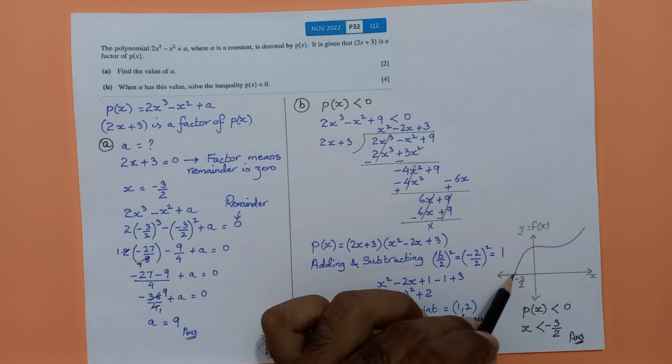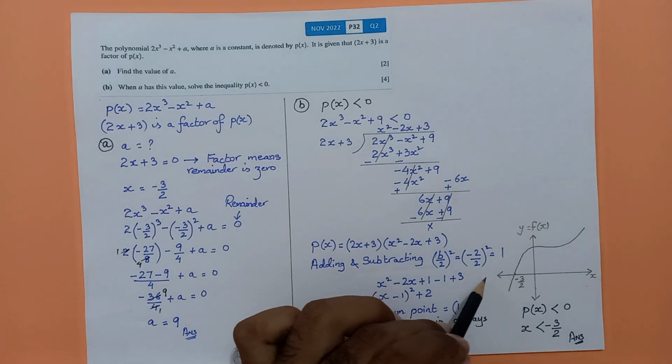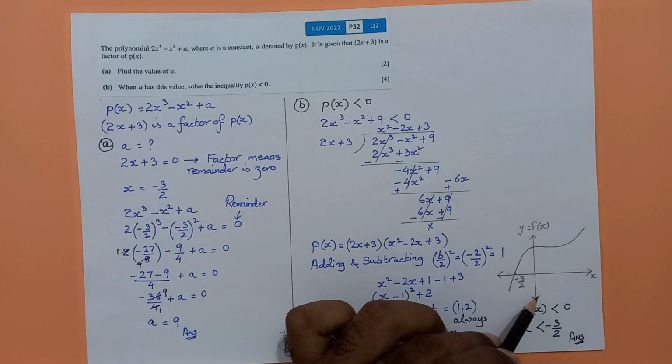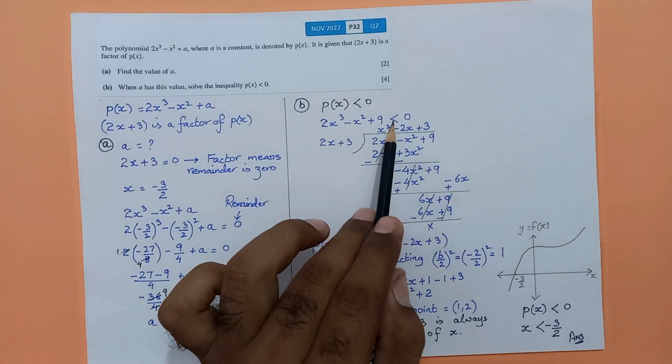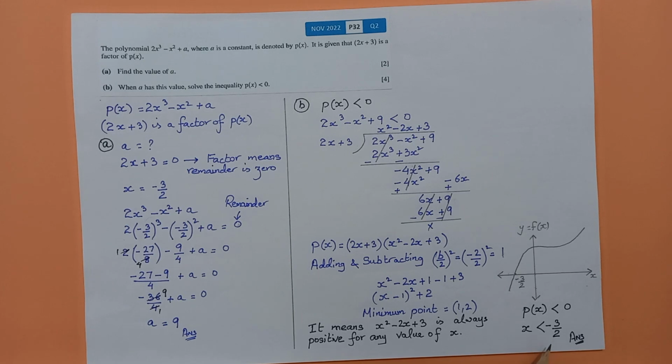If we take all the values less than minus 3 upon 2, the graph would be something like that, and taking any value less than minus 3 upon 2 would result in a negative value of y, and negative value means less than 0, so it becomes true for the given answer. So this is the final answer, the set of values for the given cubic inequality.